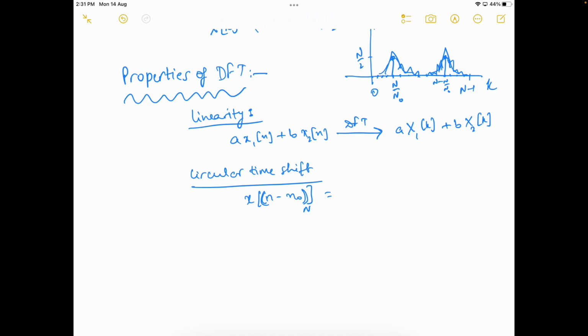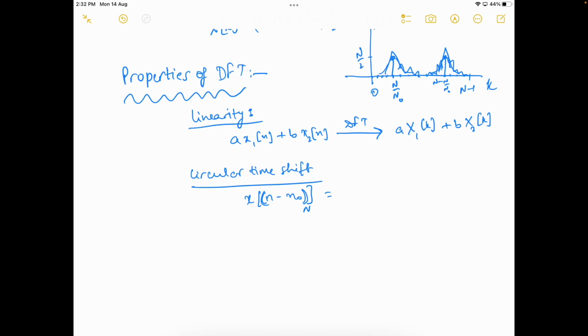Basically, the principle is that my x of n is periodic with the periodicity capital N, and my capital X of k is also periodic with the periodicity capital N. This is kind of implicit periodicity: depending on what value of capital N I choose to take the DFT, I'm imposing this periodicity on my signal.